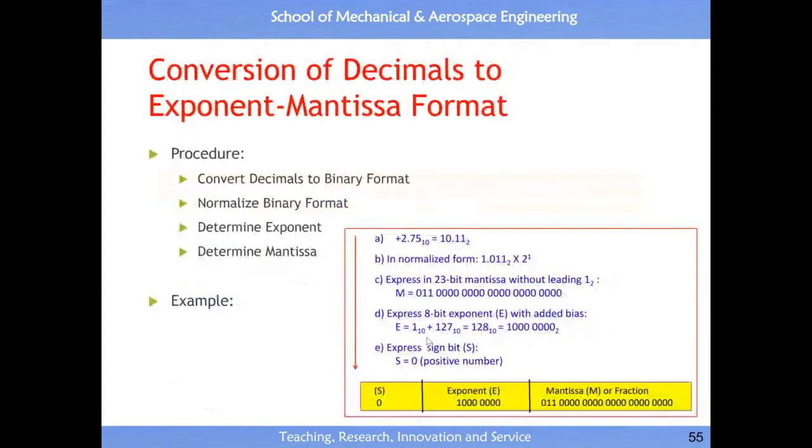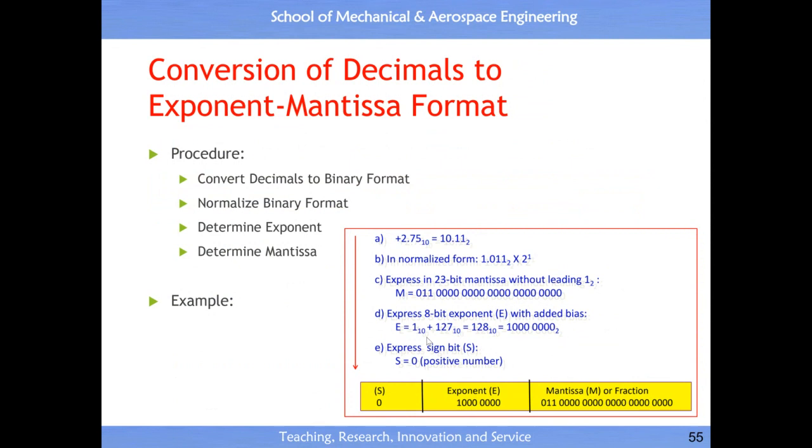We follow it, but subsequently we tell you the procedure so that you understand how to do the conversion. Let's see how to convert a decimal to exponent mantissa format. Once you know this representation, then you can undertake any kind of scientific computation with a microcontroller.